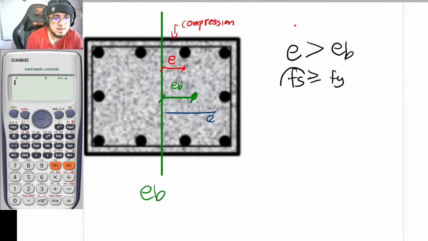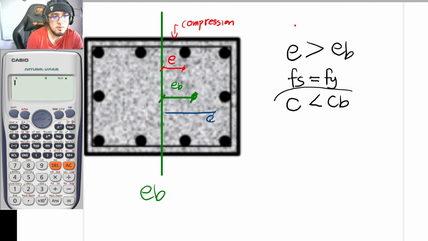But since fs cannot be greater than fy because this is the strength of your steel, fs is equal to fy already. That is the condition. And if that is the case, your c now is less than c balanced. As you can see guys, they are the other way around.